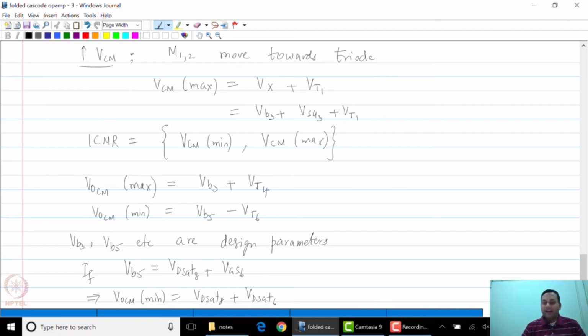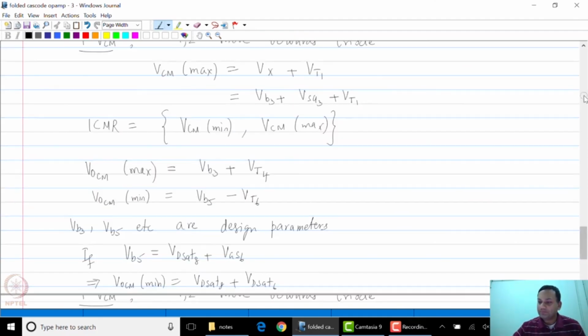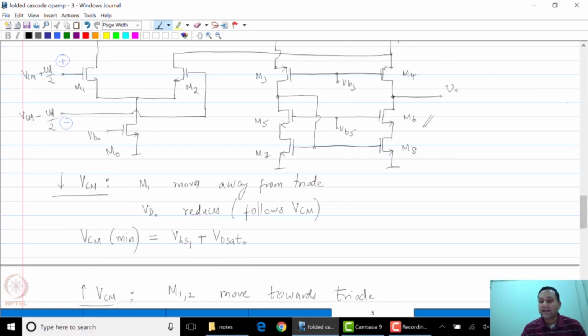So clearly VOCM min can be very low as long as the bias voltages are chosen appropriately. Similarly, VOCM max can be as high as VDD minus VDsat10 minus VDsat4.